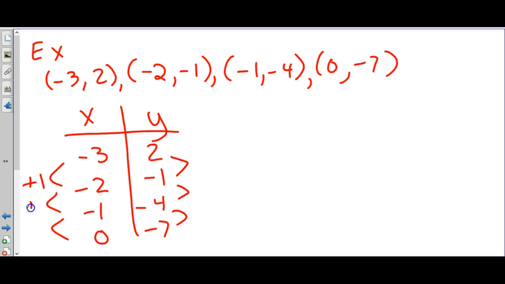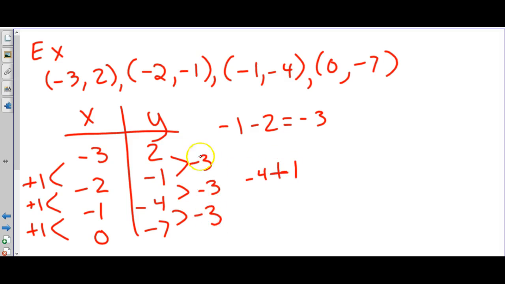We're still adding by 1 every time on the left. On the right, to get from 2 to -1, it's a little more difficult, so I'm just going to do the backwards. -2 minus 1 is -3. So I'd have to do 2 minus 3 to get to -1. -4 minus -1, negative is really plus, is also -3. And -4 to -7 is also -3. So the first one's matched.